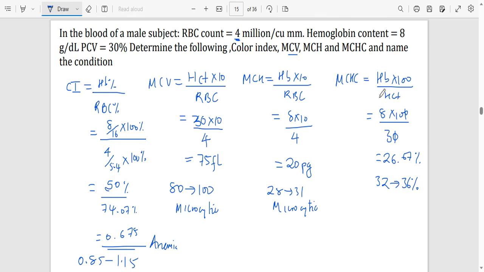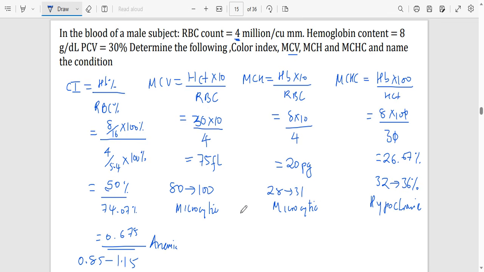And then this one, it is also below. Now MCHC, we said it's related to color. This is hypochromic. So what condition is this? This is microcytic hypochromic anemia.